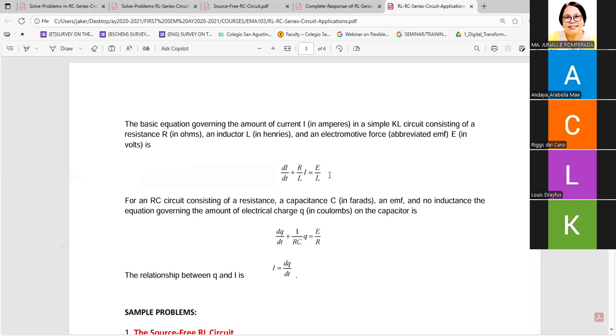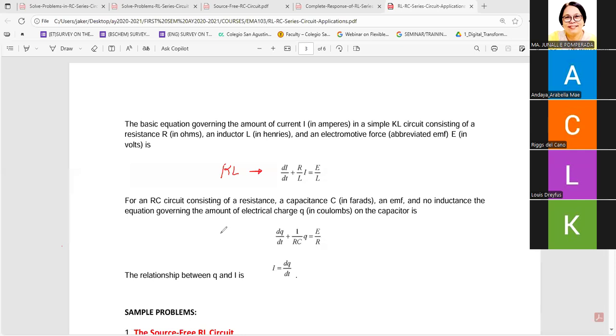If you're given an RL circuit, you have this ready-made differential equation: the rate of change of the current with respect to time plus the product of the current times the resistance over the inductance is equal to the electromotive force divided by the inductance. That's your DE for an RL circuit.